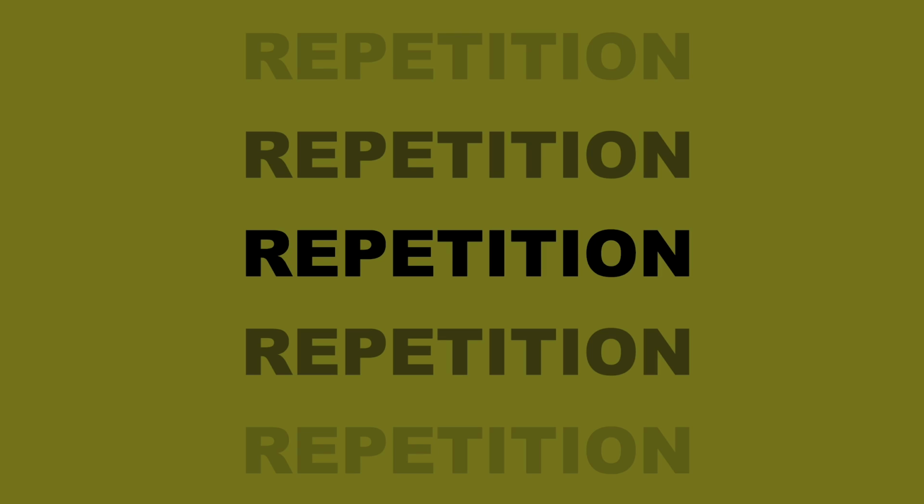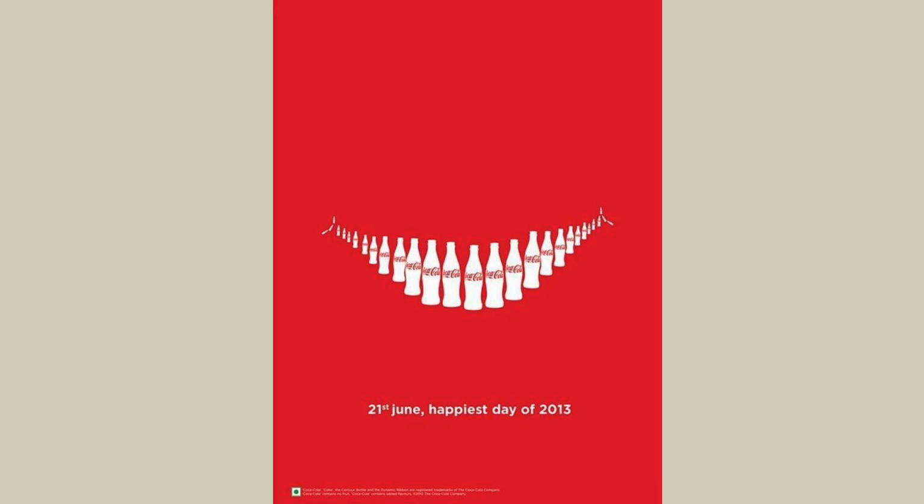Let's talk about repetition, a design superhero that can either make your creations pop or, if not handled well, lead it into the realm of monotony. Repetition is all about doing things over and over, like a cool pattern that catches your eye.